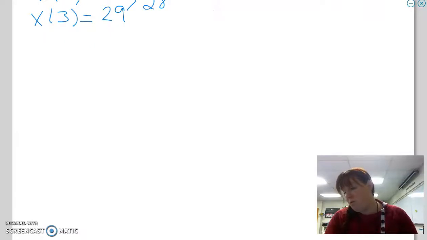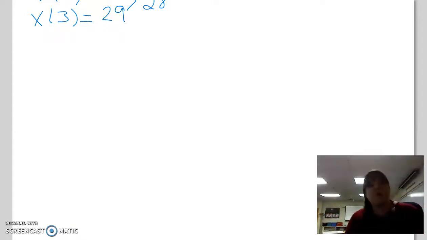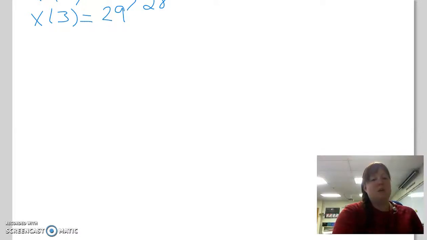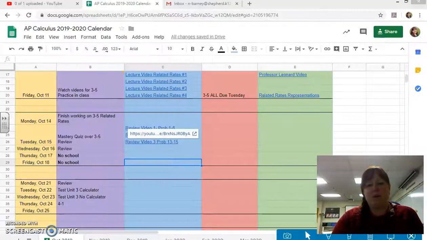Okay, we're going to use the calculator for this problem. And that calculator on the computer is just a mess. So let me get myself bigger here.